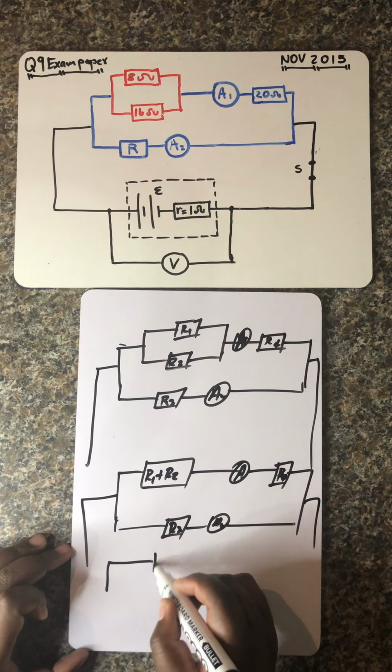But this is for grade 12, so you're able to see that you can just convert whatever parallel connection you've got into a series connection, or combine the parallel into a single resistance.